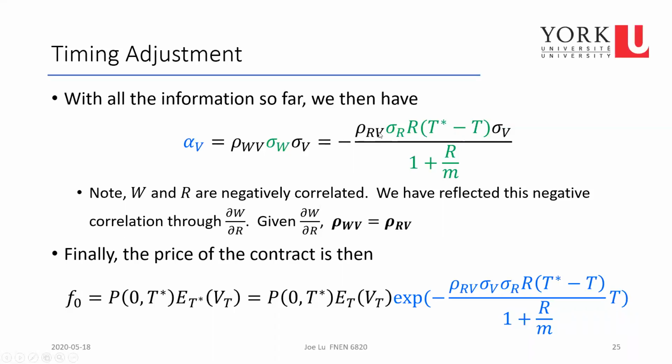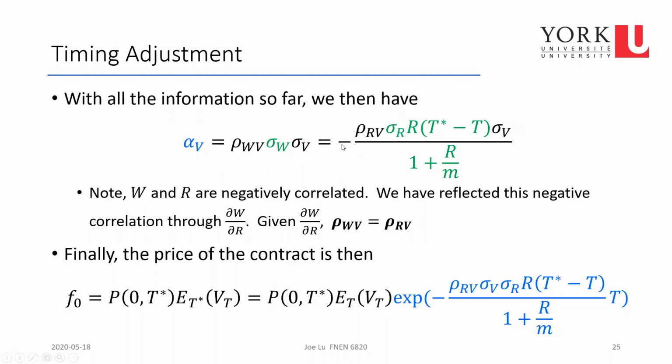When I say correlation is equal to 1, it doesn't really mean this rho is 1. What I meant is this rho value and this rho value are the same, but there should be a minus sign because this correlation and this correlation are negatively related.